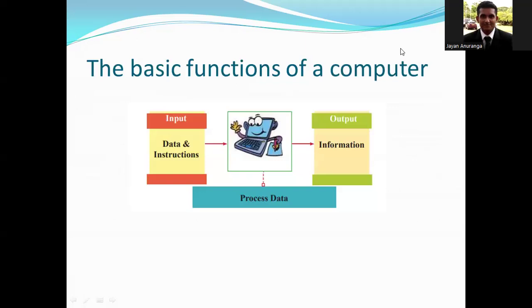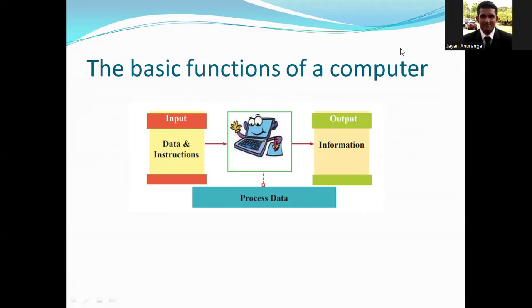There are three basic functions of a computer. Charles Babbage is considered the father of the computer. He invented the first computer, which he introduced as the Difference Engine. Then he introduced a second computer called the Analytical Engine.